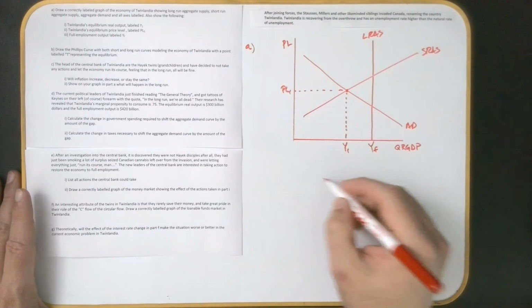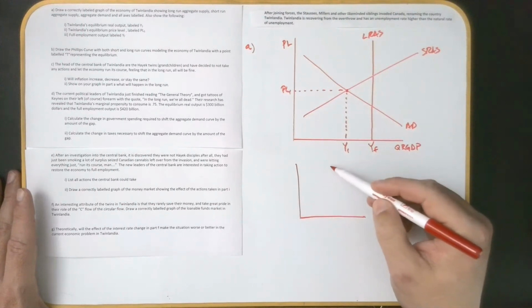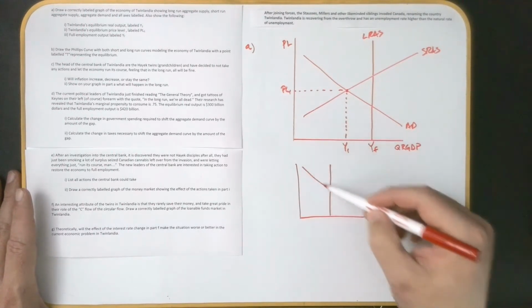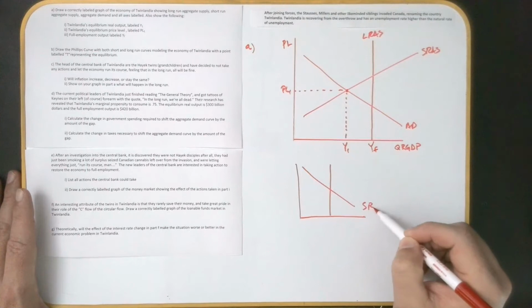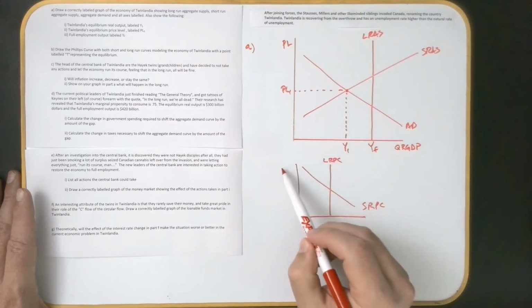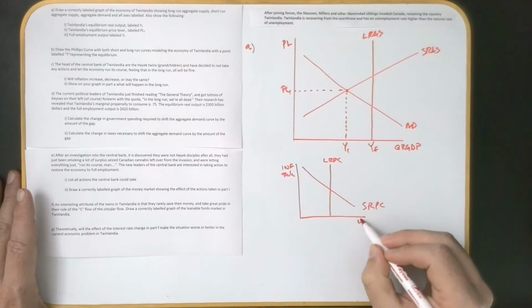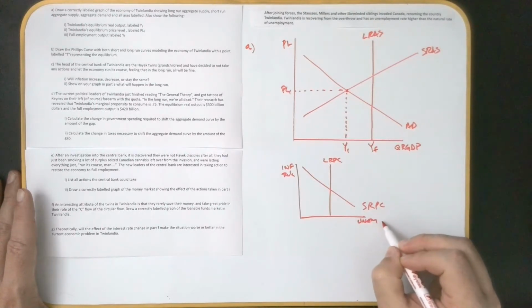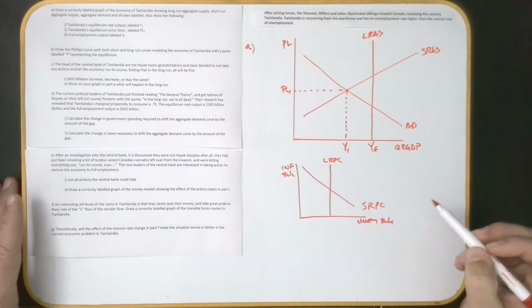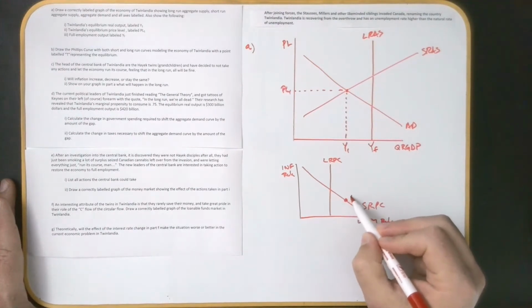So if we draw a Phillips curve, make this one a little bit smaller, this is my SRPC, and this is my LRPC, and this is my inflation rate. This is going to be the unemployment rate. And so I just need to represent a point that would represent a recession here. I'm just going to put that here, and that's T.